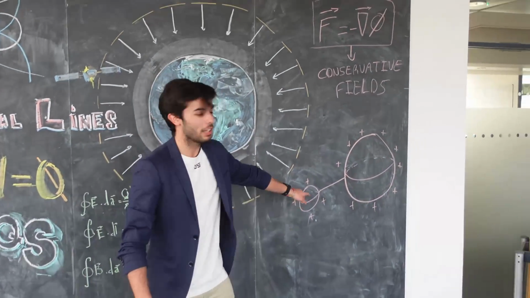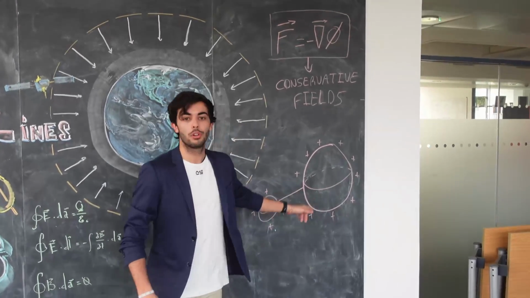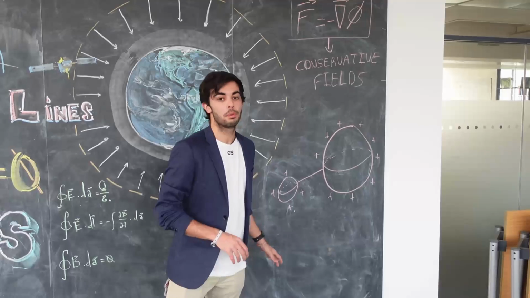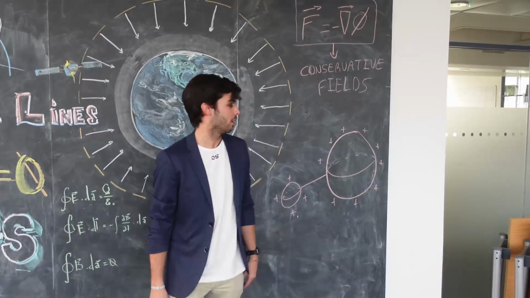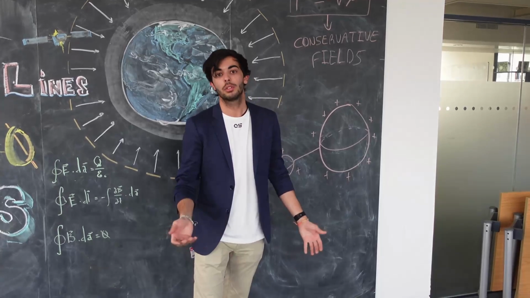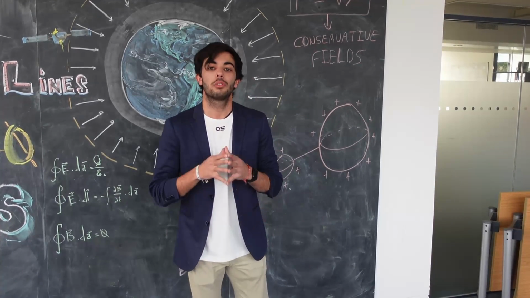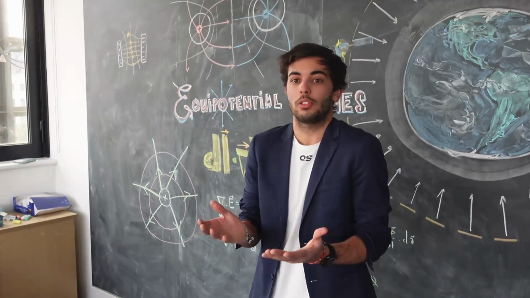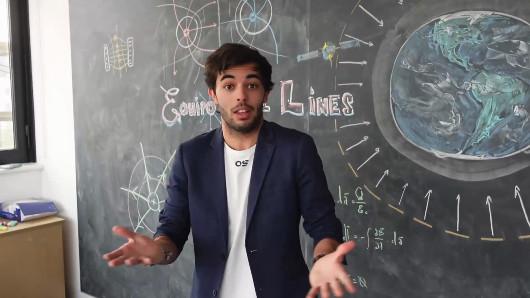Indeed, this means that if we connect two surfaces through a wire, the potential, the voltage if you prefer, will be distributed. If you connect the wire to the earth, which is a good conductor, this is called grounding.